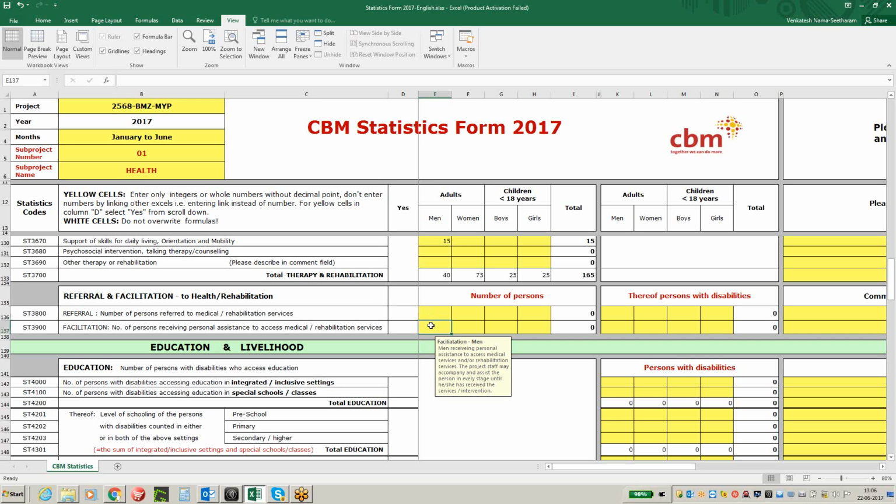A person can be referred and as well as facilitated. For example, there might be some cases where in the first half of the year they just refer, say okay, go to this rehabilitation center, and it doesn't happen. Sometimes they have to follow up and do the facilitation job, then the person will be again counted under facilitation.